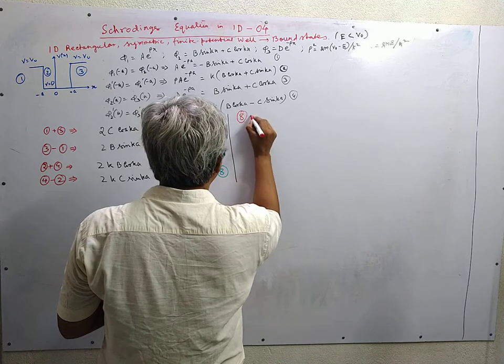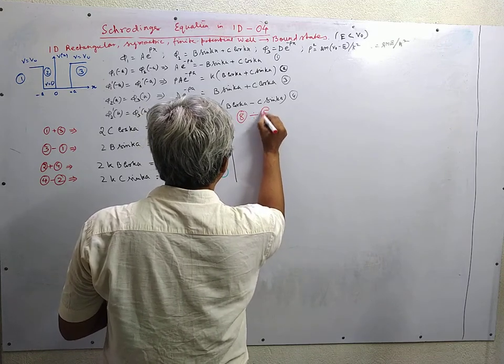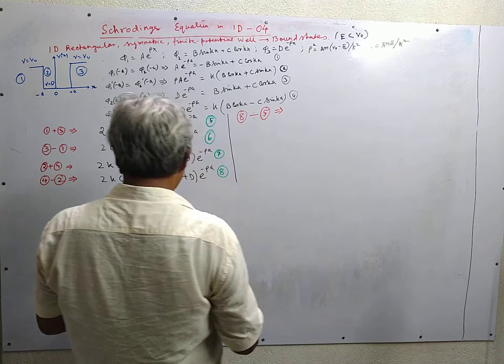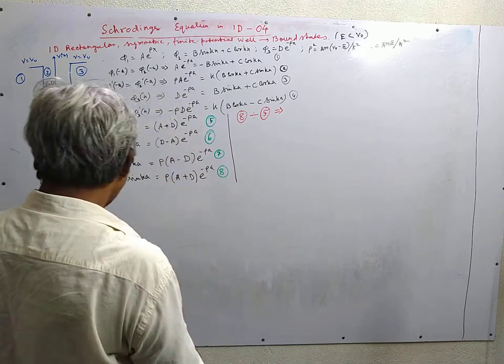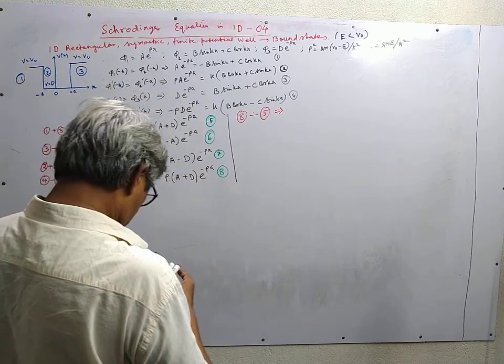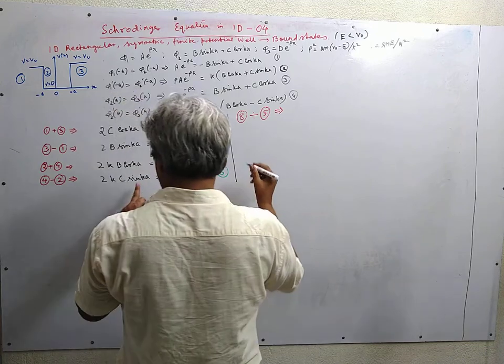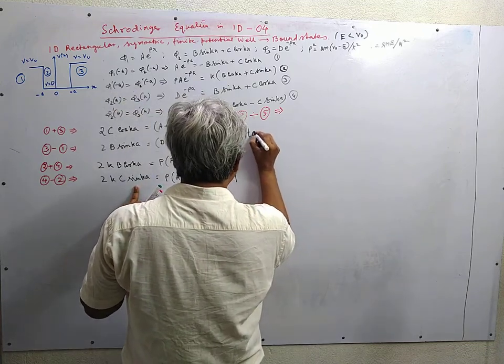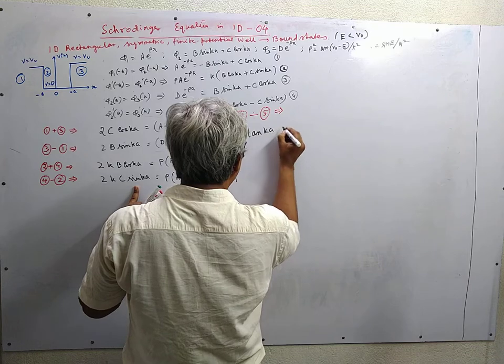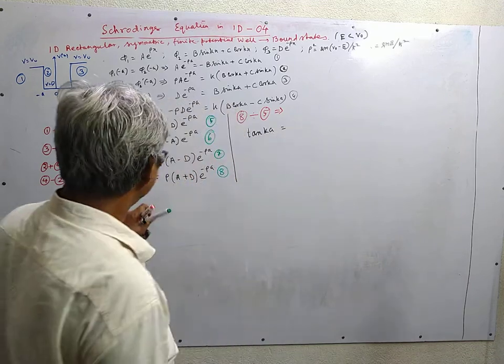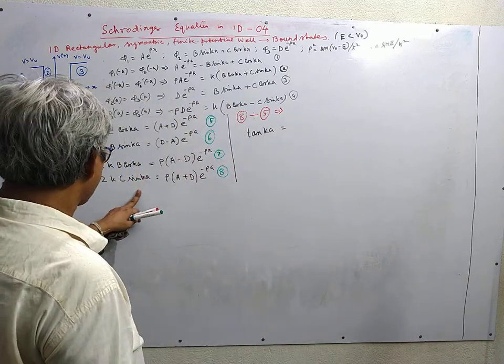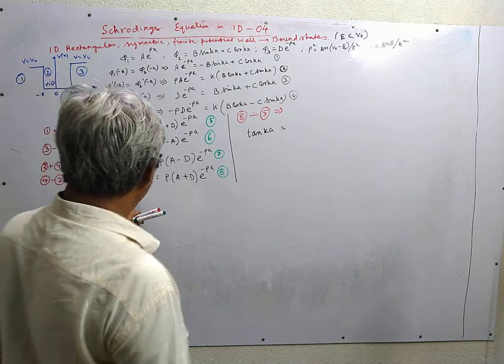Equation 8 divided by 5 gives you cot ka, sorry, tan ka is equal to rho by k.